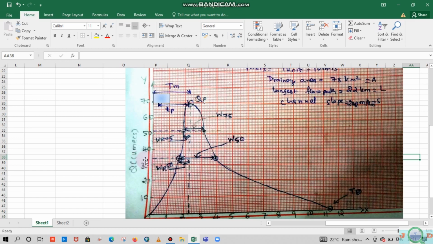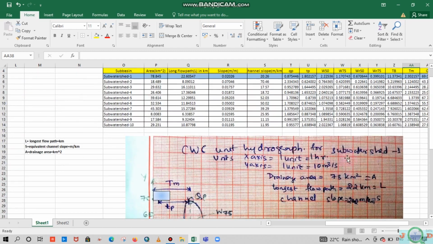So I marked this on the graph sheet, and later I went to WR50 and WR75. WR50 is the width of the rising limb at 50% of the peak discharge, and WR75 is the width of the rising limb at 75% of the peak.